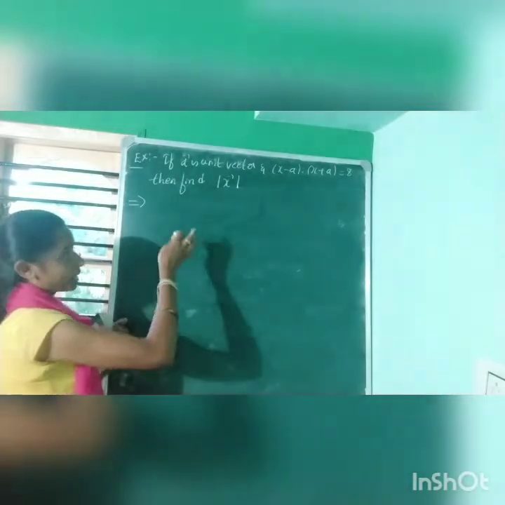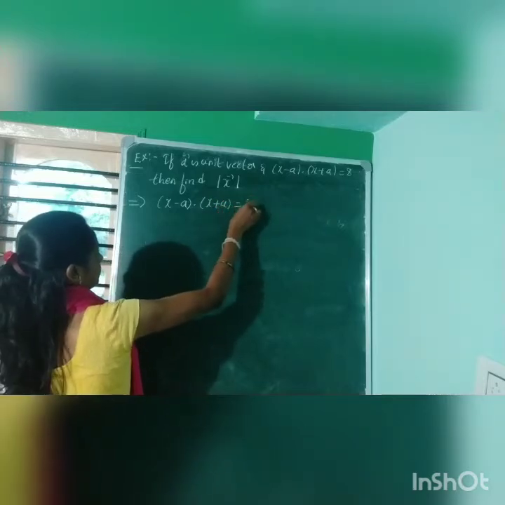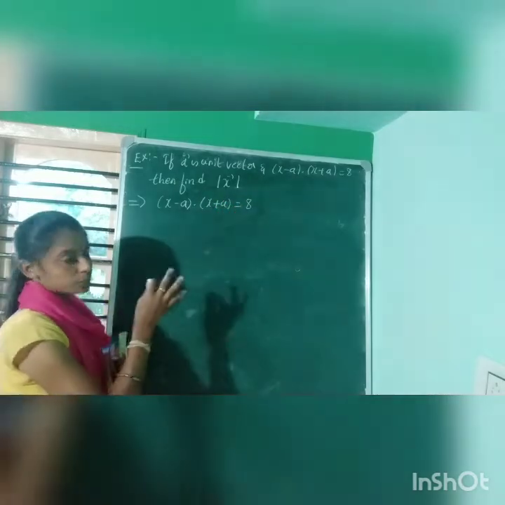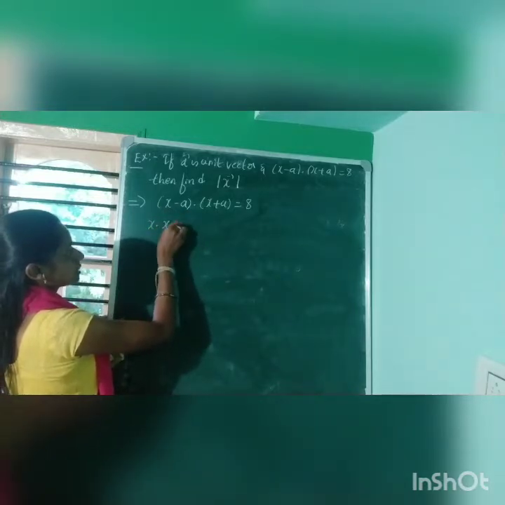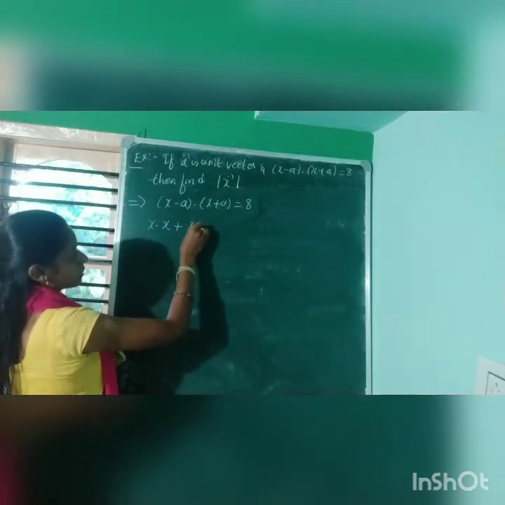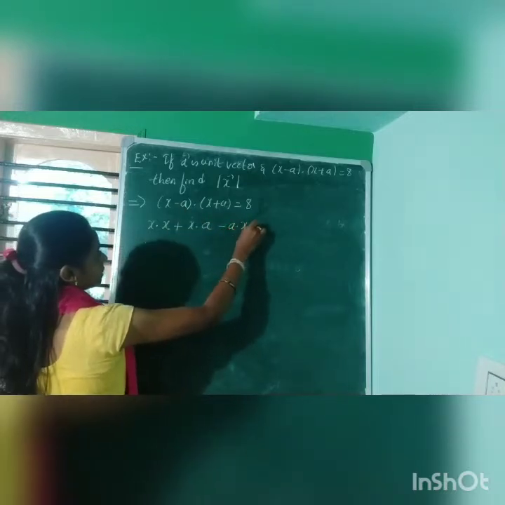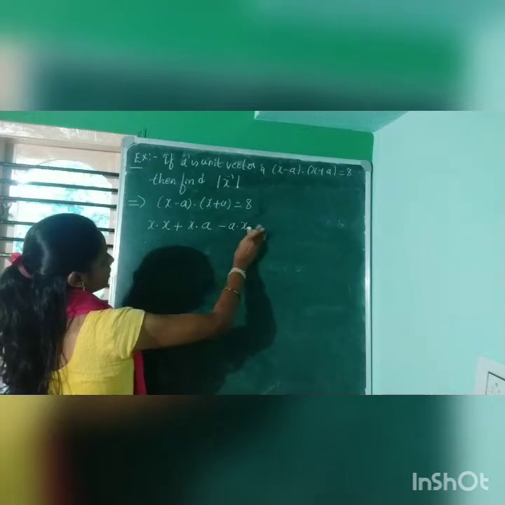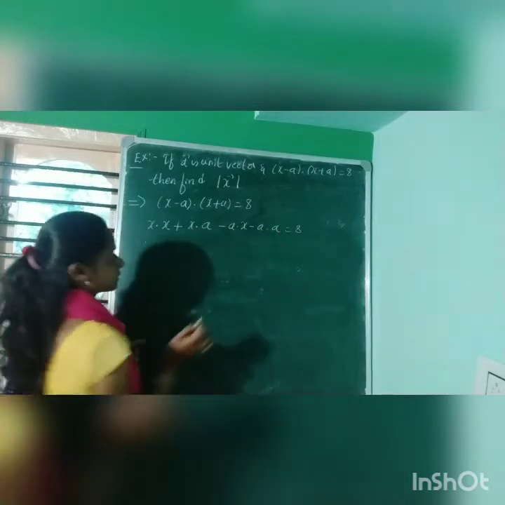So you just expand that one. x minus A dot x plus A is equal to 8. You just multiply, go with the dot product: x dot x, next plus x dot A, next minus A dot x, plus into minus A dot A is equal to 8.